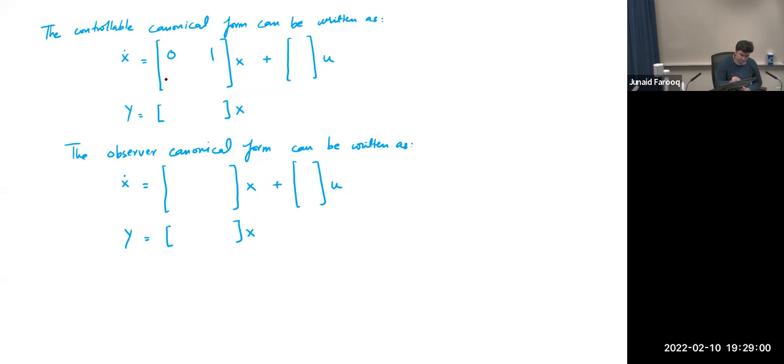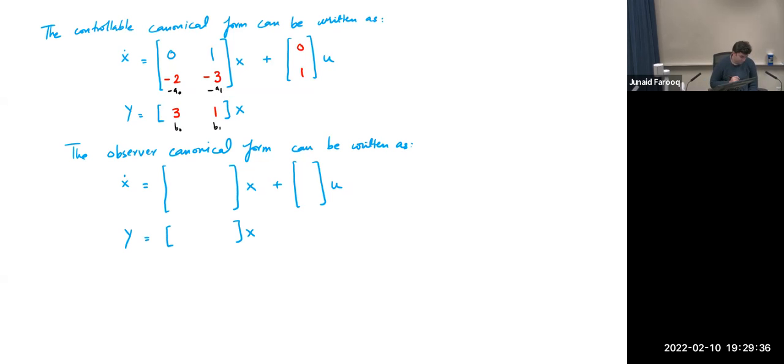It has to be appended with a negative sign, and A0 was 2, so it's negative 2 here and negative 3 here. The B was 0 and 1 here. And the C matrix is B0 and B1. So B0 was 3 and B1 is 1. I can also mark it here. This is negative A0. This is B0, this is B1.